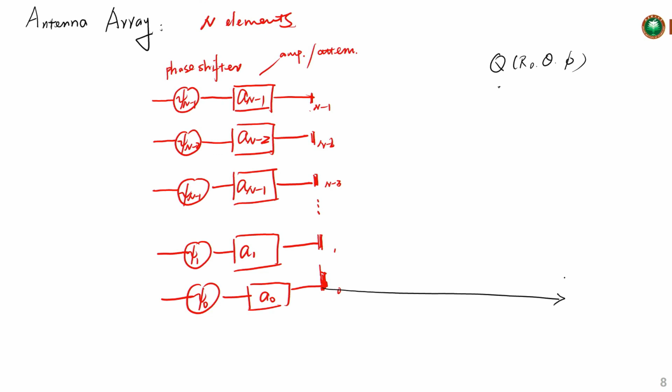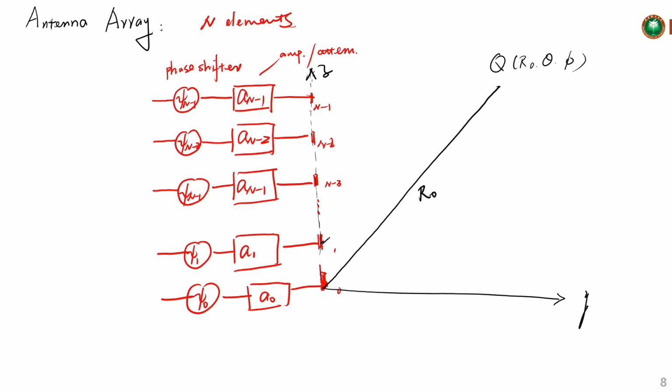This one is along the y-axis, and this side is along the z-axis. Now, the zeroth element is positioned at the origin, and the distance from this point to here is R node, all right?